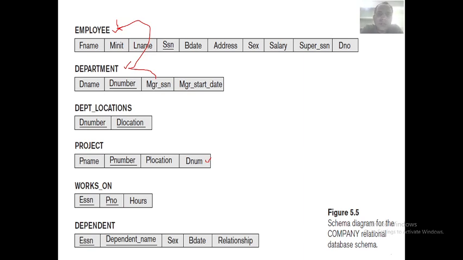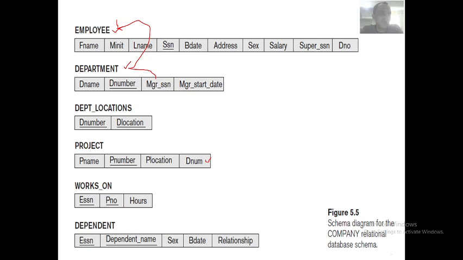How are the attribute names written? First one is capital, sir. Exactly, only the first letter is capital and the rest are small letters. This is the notation you have to follow.